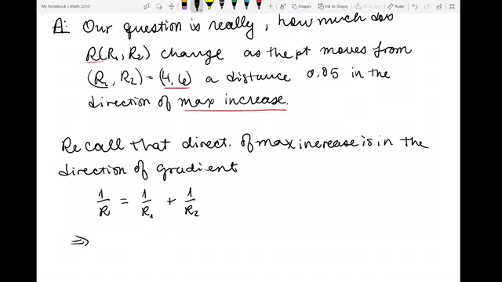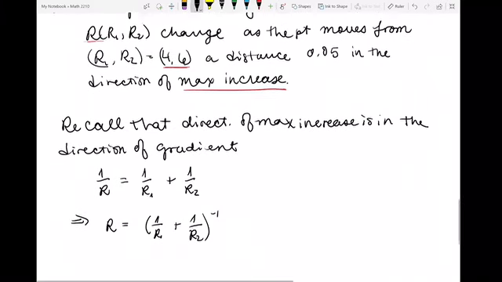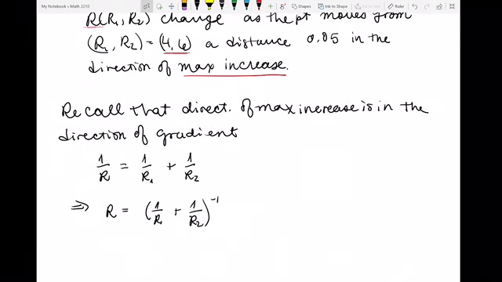I can rewrite that as R is equal to 1 over the quantity 1 over R1 plus 1 over R2, the reciprocal of that. Okay, now I'm confident that this number is going to be non-zero. I'm not allowed to put in zero values for R1 and R2, and then this number in here will never give me zero, so I'm not having any trouble taking that reciprocal.